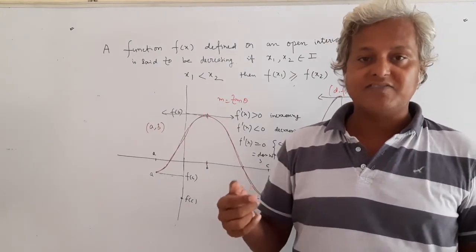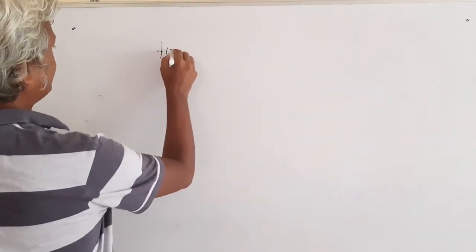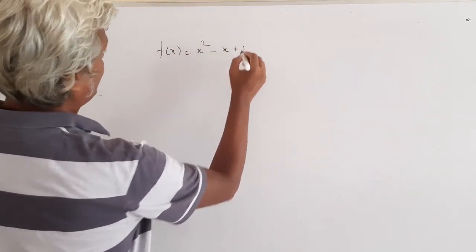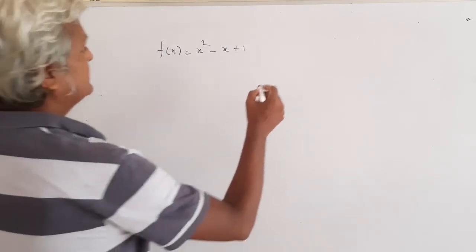Now let me take some questions. So I take one function, f(x) equals x squared minus x plus 1, and we will be discussing its nature, whether it is increasing, decreasing, strictly increasing or strictly decreasing in the interval (0, 1).